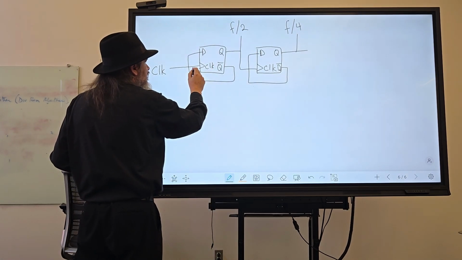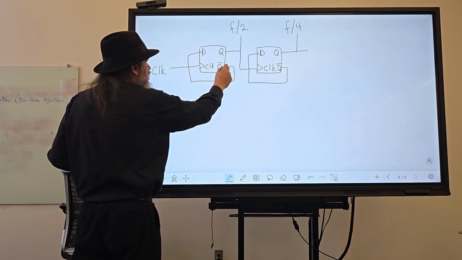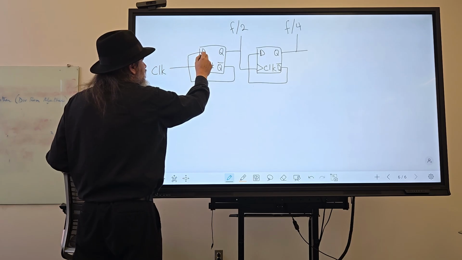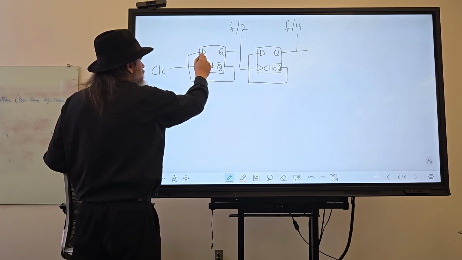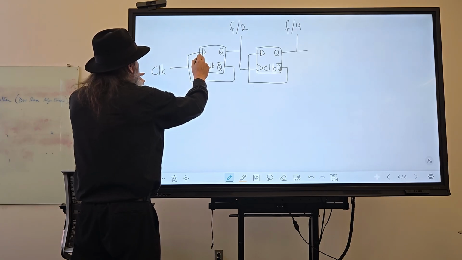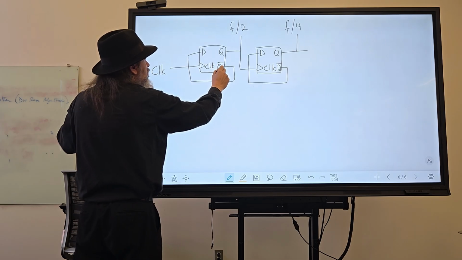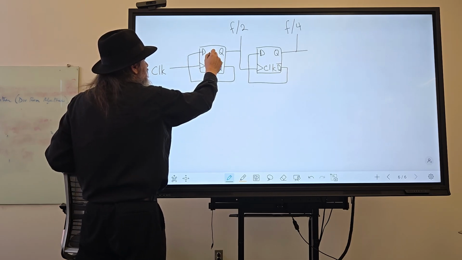Because at the first clock cycle, Q is going to be 0, Q prime is going to be 0, making D 0. And then the next clock cycle, because D is 0, Q prime will be 1, and that will be a 1.